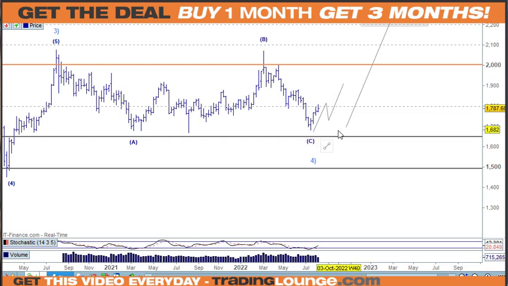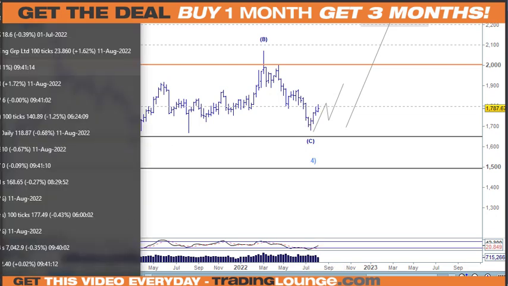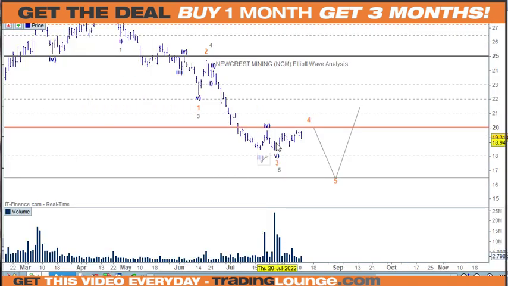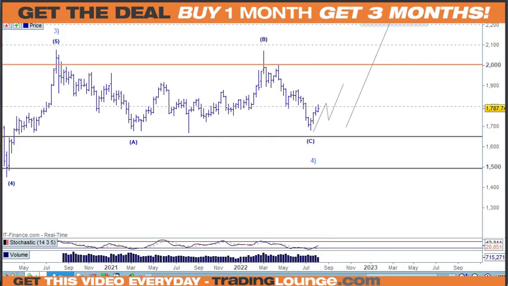Now, a lot of other stocks that haven't climbed as high here, like Newcrest Mining, and I think we could just use that as an example if I can find it here quickly. You can see that, because it's Australia's biggest gold mine, it hasn't pushed up. So what it will do when this pulls back here for wave 2, a lot of gold stocks will pull back for wave 2 and then go up.